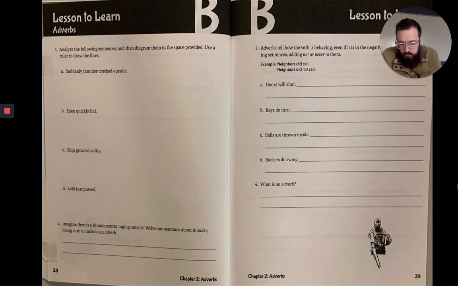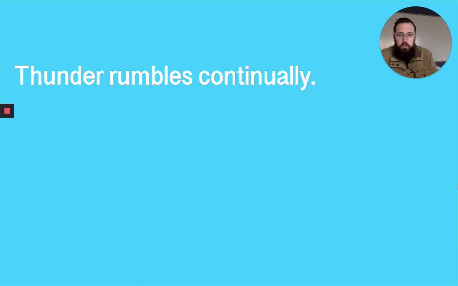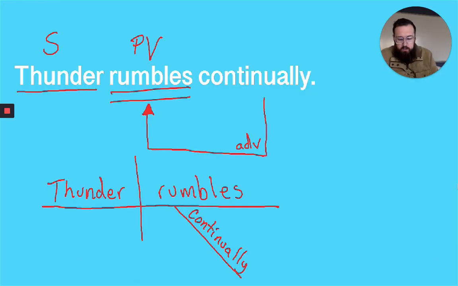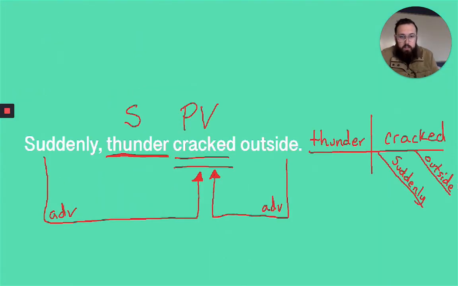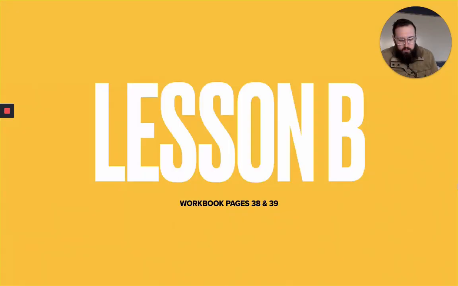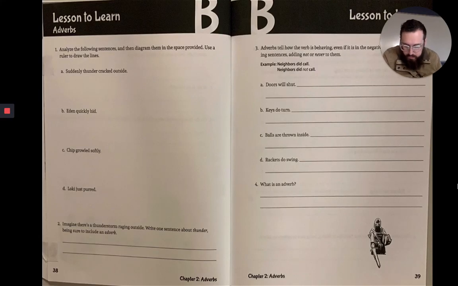So, A: Suddenly thunder cracked outside. That looks familiar. Look at that. We did it already. Go ahead and pause the video if you need to. B: Eden quickly hid.